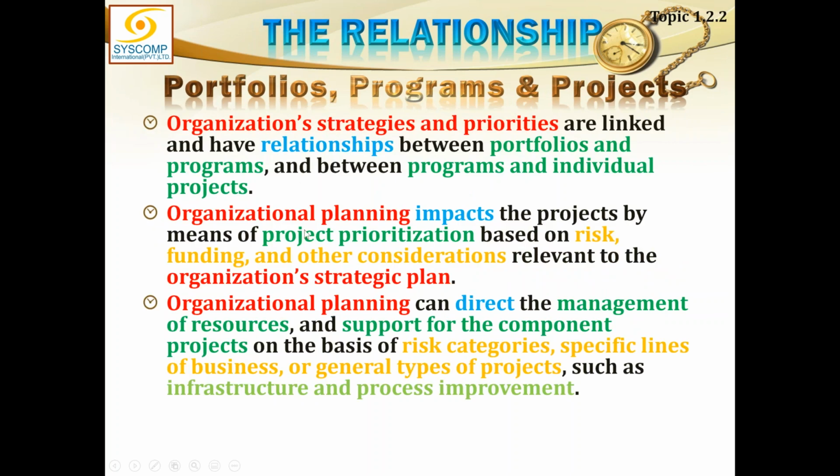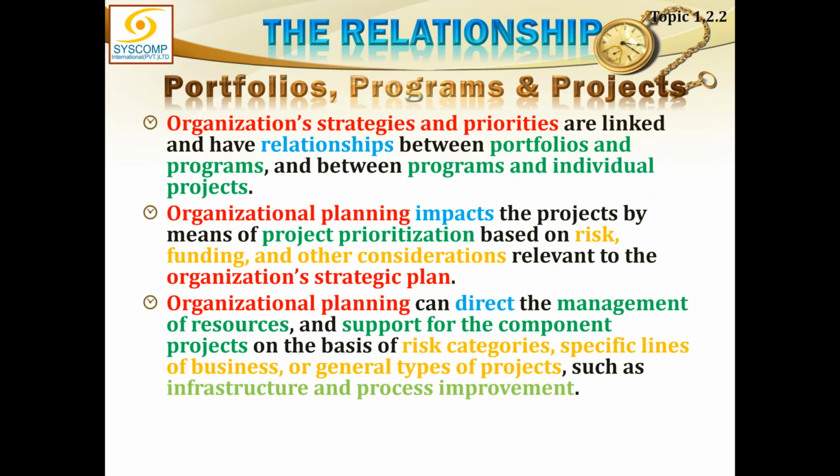Now, organizational strategies and priorities are linked and have relationship between the portfolios and programs, and between the programs and projects. This is also self-explanatory. Organizational planning impacts the projects by meaning of prioritization. This I talked about, that project prioritization and looking at the risk at the portfolio level. This is the responsibility of the portfolio.